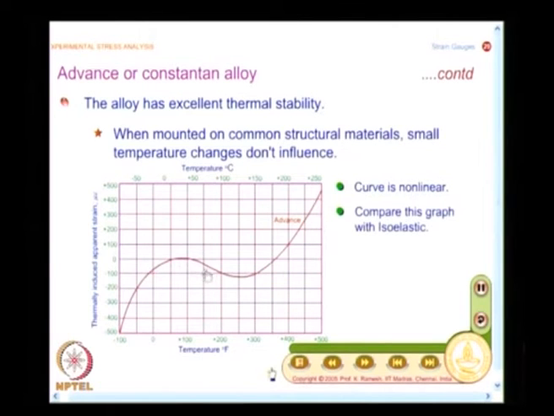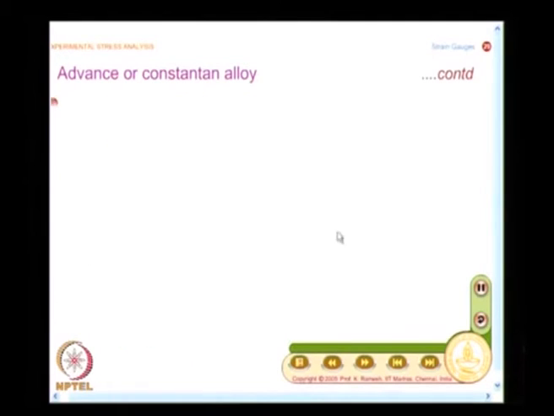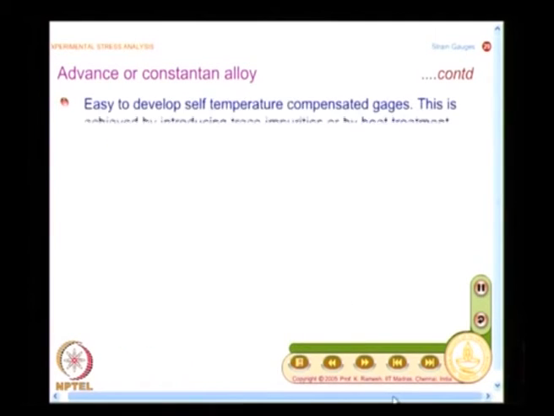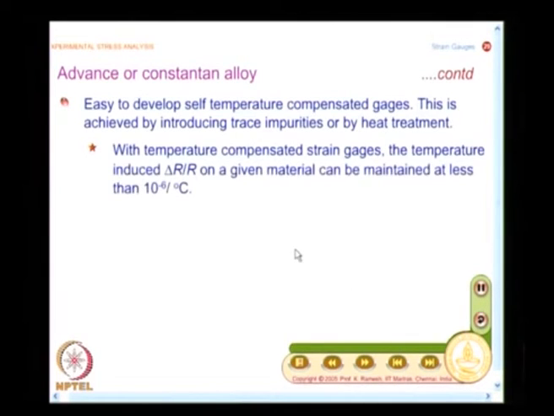But if I want to use it for higher temperature, then I have to be careful in accounting for this thermal influence. And I have already mentioned that the SA is controlled by the cold working of the material as well as impurities, and you use this advantageously to develop self temperature compensated gauges.